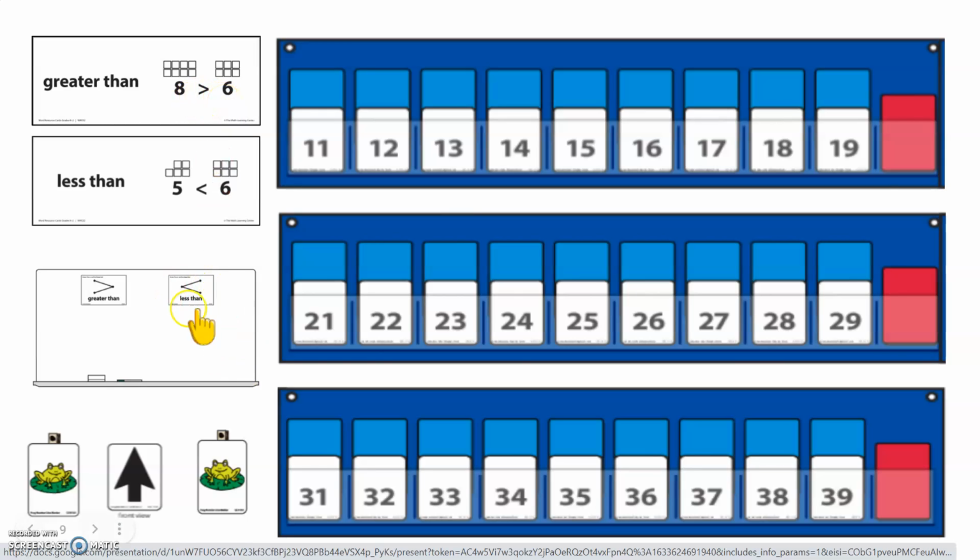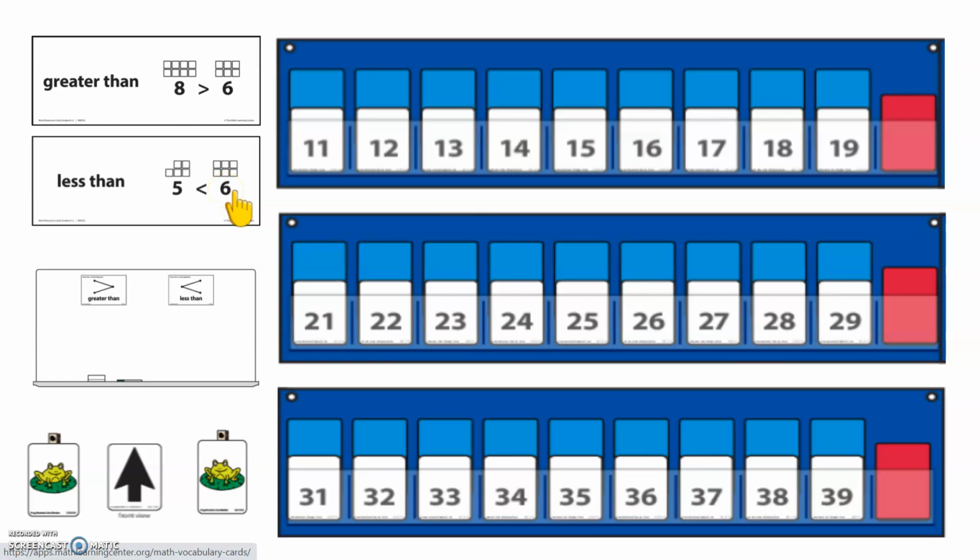You're right. Then we also have this symbol down here called less than. Now, it looks like a sideways V also, but if you look at it carefully, it looks like a sideways L. L for less than. Less than means it's smaller. So this card says 5 is less than 6.